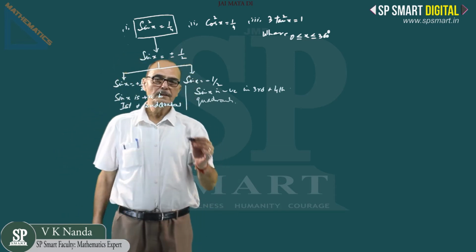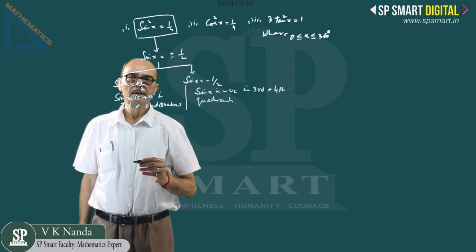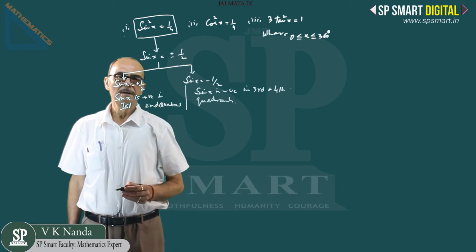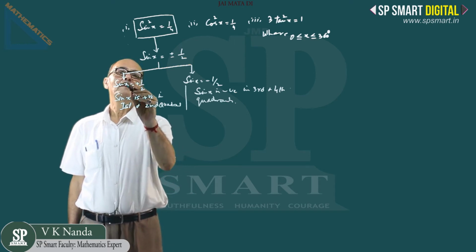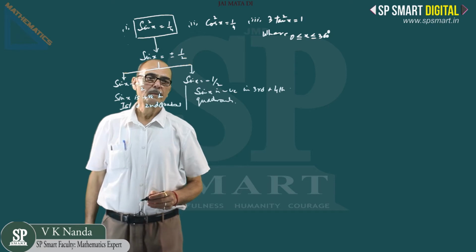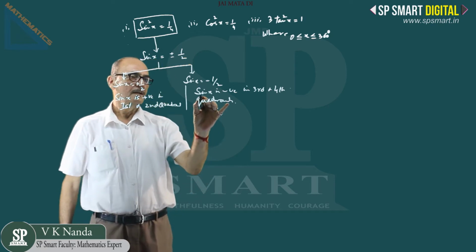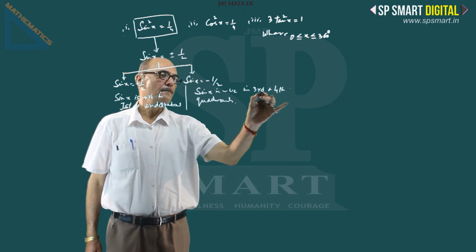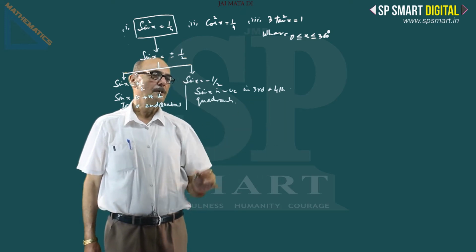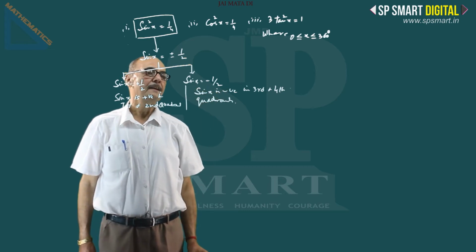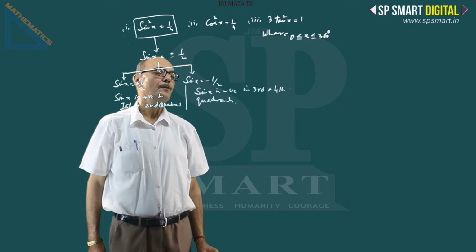Well, if it is positive in the first and second quadrant, so value of x will lie either in first or in second. Similarly, sin x is negative in third and fourth quadrants. So, therefore, angle x here will lie in third and fourth quadrant.